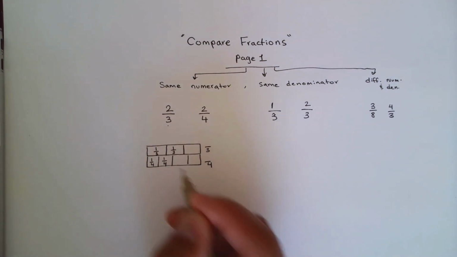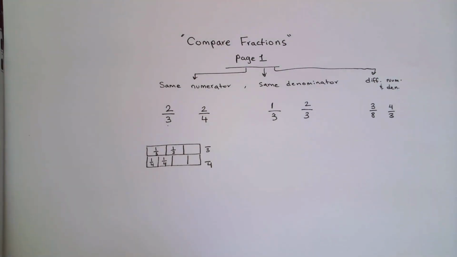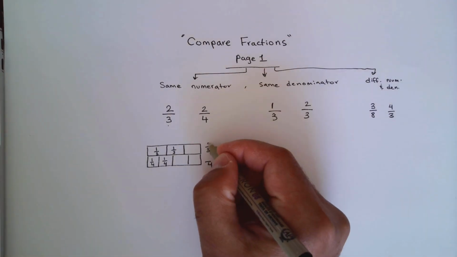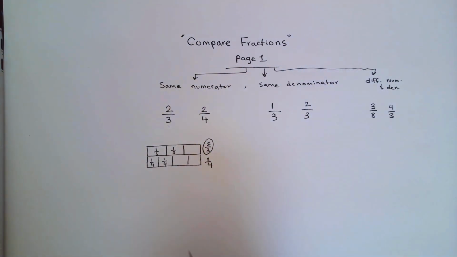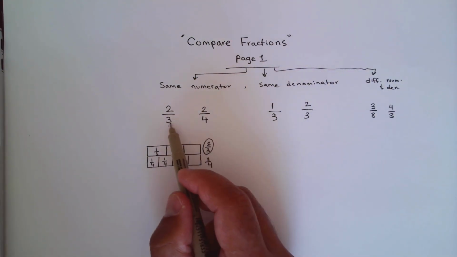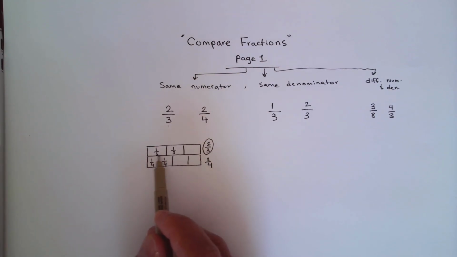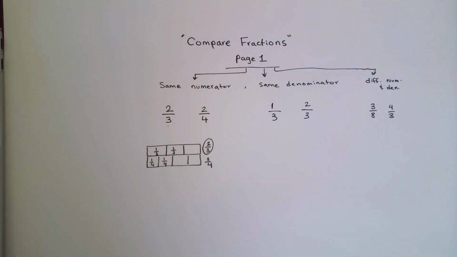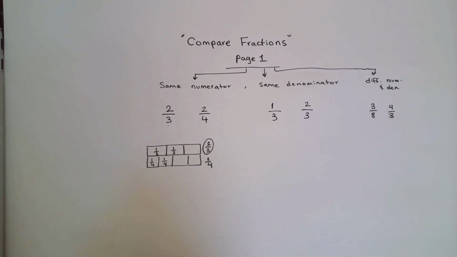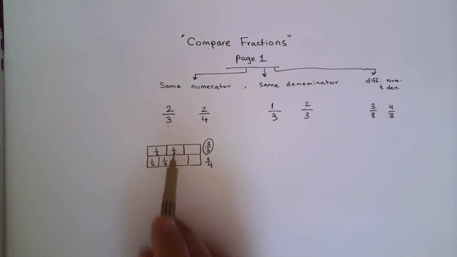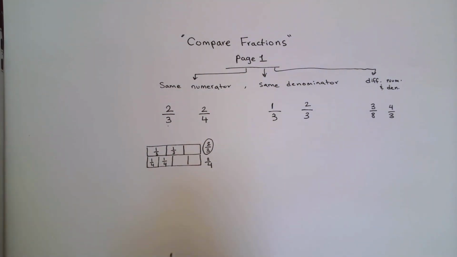Okay, so it's not surprising to us that 2/3 is the bigger number than 2/4 because thirds are thicker than fourths. Fourths are skinnier than thirds. So if we have two pieces of thirds, that's going to be bigger. That's one thing.